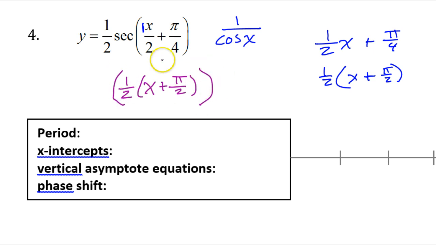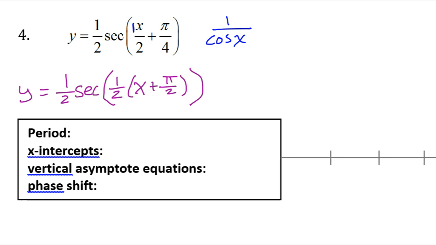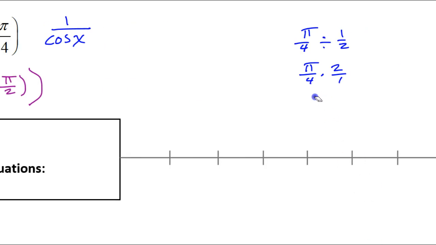So I'll have parentheses inside of parentheses with the secant out front. And then there's this a value of 1/2, so let's get that going. And y equals all that. So this is the version I'm going to be staring at as I do the rest of this problem. Let me just erase some of this nonsense.